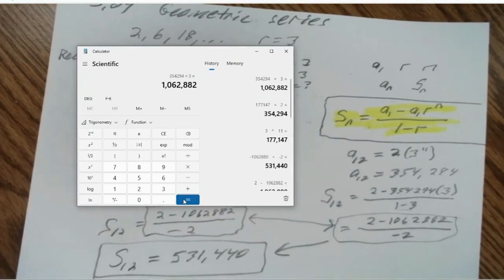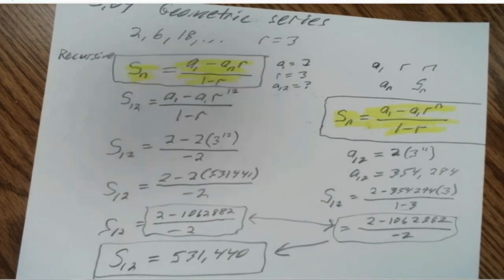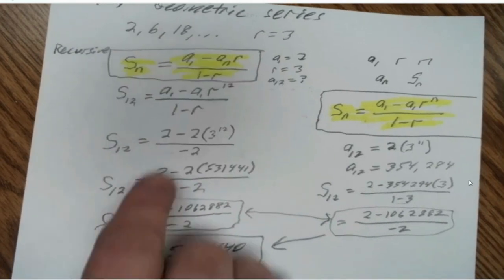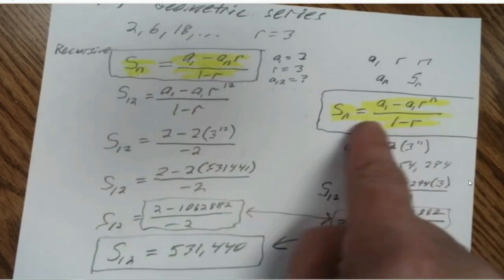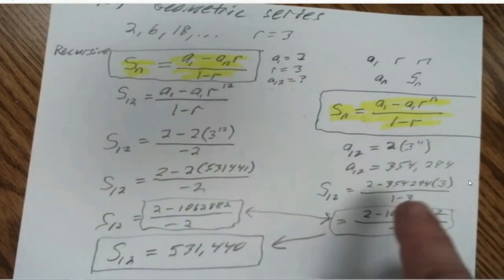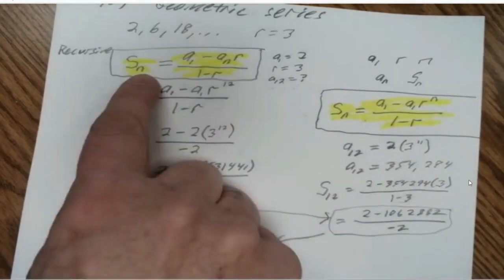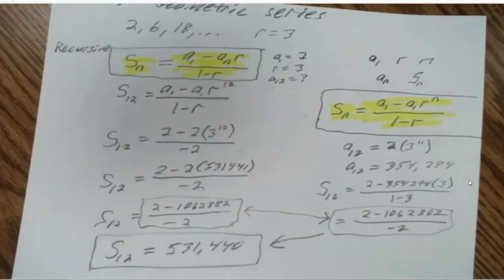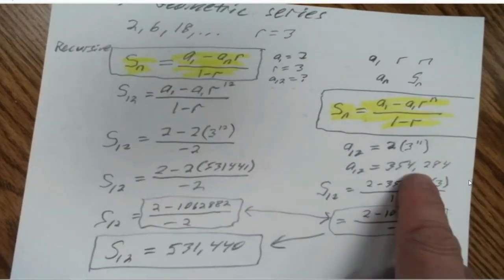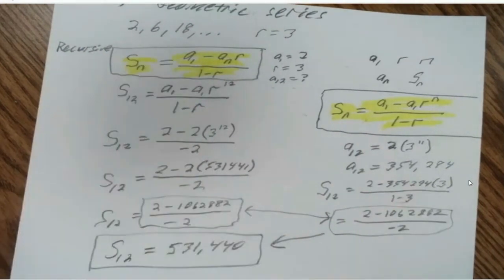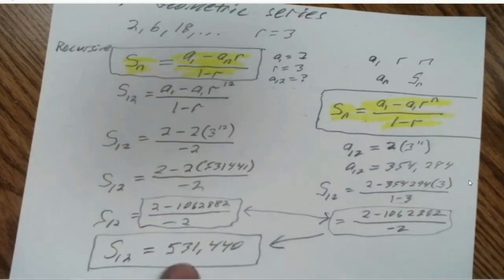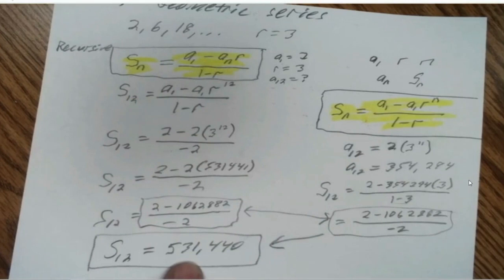So you can do it either way. You can just go clean with this formula right here, or you can go back and calculate what is the 12th term, so I can use this formula. There's the 12th term, so I will substitute in and use this formula. Either way, we will get to 531,440.